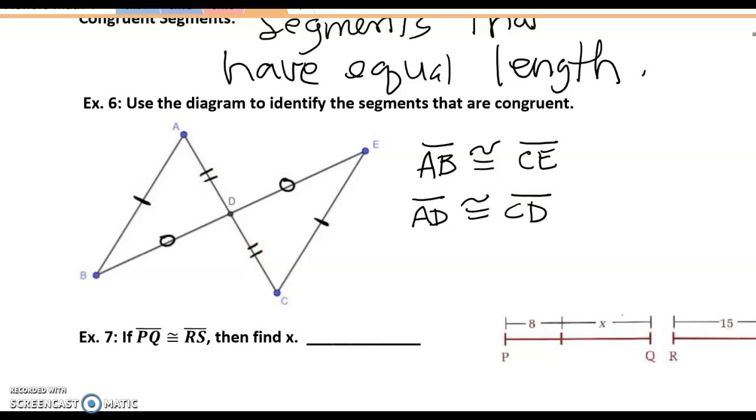The other tick mark there, we have segment BD is congruent to segment ED. So again, these statements of congruency are saying that these are the segments that have equal length.